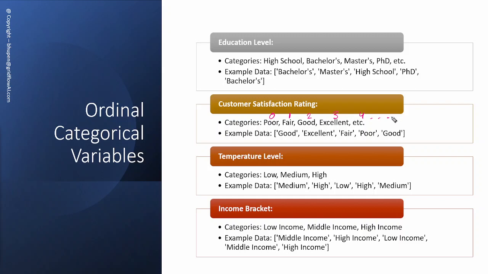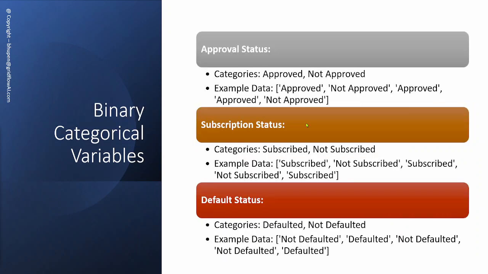So this can be one of the ways you can convert it to a numeric format. Binary variables, for example, subscription, subscribed or not subscribed. So you can choose to represent subscribed as 0 or not subscribed as 1.